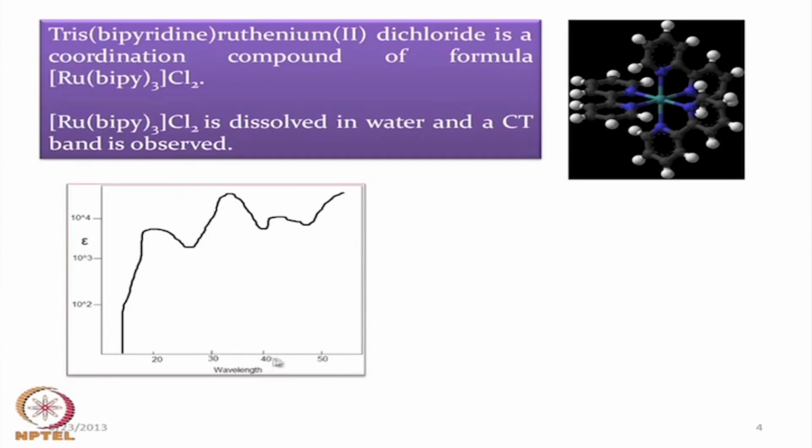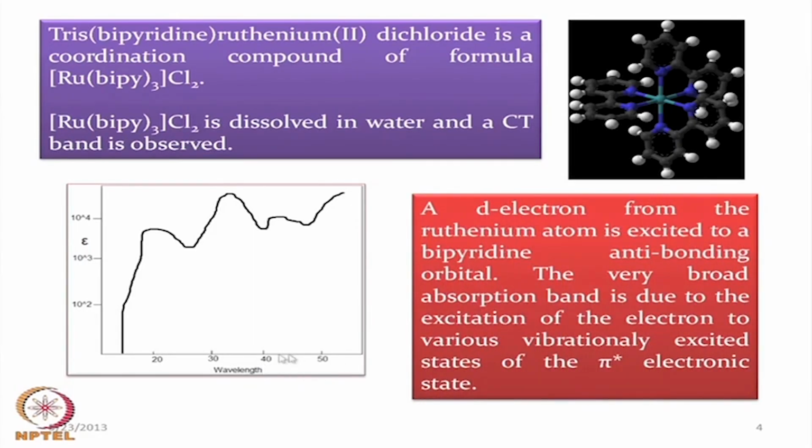So, we have certain transitions, 200, 300, 400. These structured transitions are mostly centered over here, where this particular one, around 330 or so, the d electron from the ruthenium atom is excited to the bipyridyl antibonding orbital.